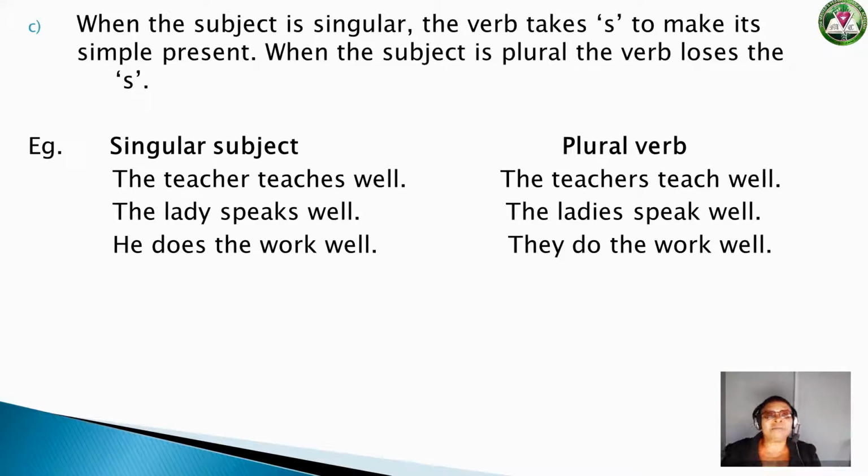When the subject is singular, the verb takes S to make it simple present. When the subject is plural, the verb loses the S. Now we are talking about the main verb.